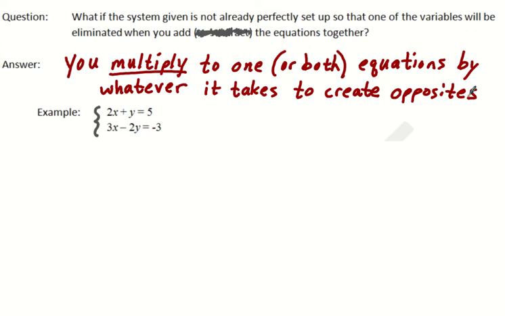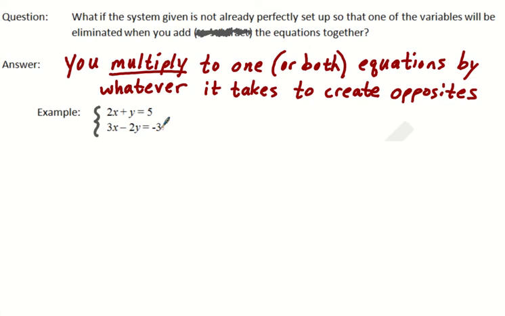We need to multiply this equation by something, or we need to multiply this equation by something. We need to change one of the equations or both of the equations, and the only way we're allowed to do that is by multiplying the equation by a number, or both equations by different numbers. And the whole idea is, if we don't have opposites to begin with, we need to make there be opposites.